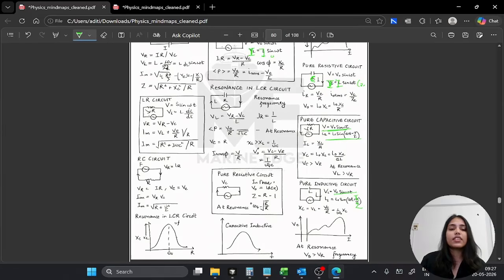There is an inductor and a resistor. Okay. So the voltage is equal to V sine omega t, and current will be calculated depending upon the impedance. So in this case, impedance will be the square root of R squared plus L omega squared. Okay. We take the inductive reactance and the normal resistance into account.